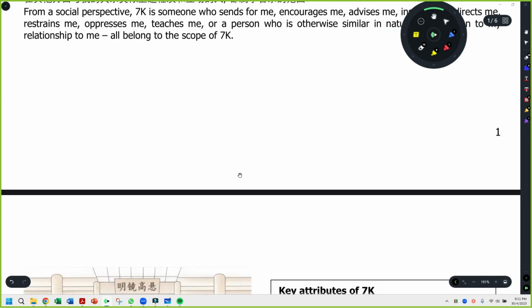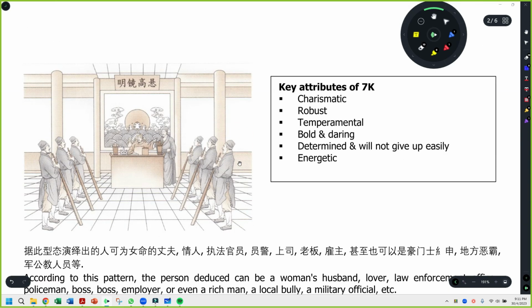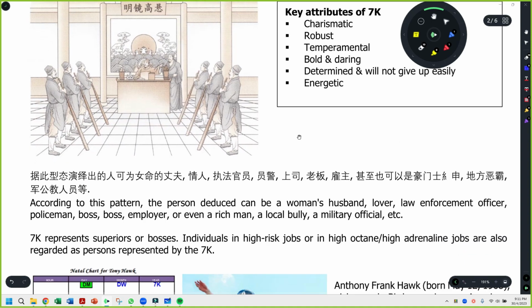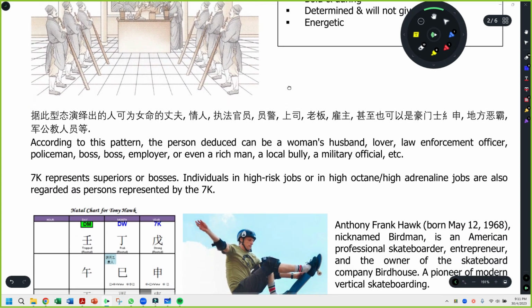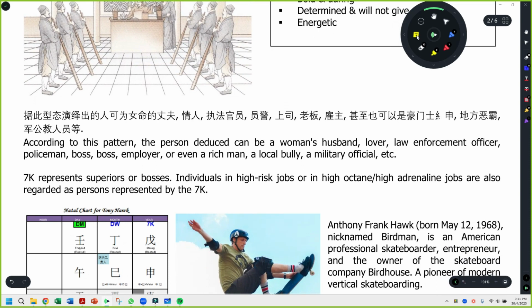But these are sometimes indirect bosses. And so to have 7K in you is to be charismatic, to be robust, to have courage and be full of energy. And 7K, with other considerations, especially for the female, would be the husband, lover, or boyfriend.